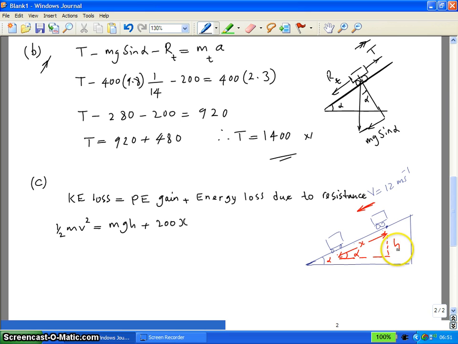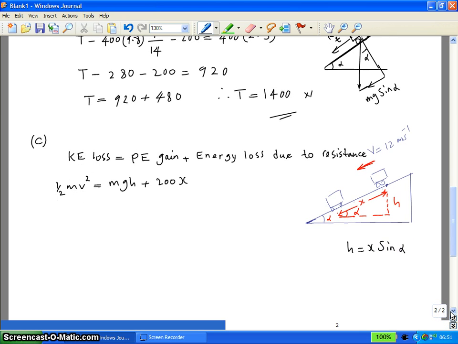Also we know that h in terms of x is h equals x sine alpha. So let's substitute values. Half m was 400, v squared, 12 squared, is equal to m, which was 400, g 9.8, h, which we can replace by x sine alpha, plus 200x.